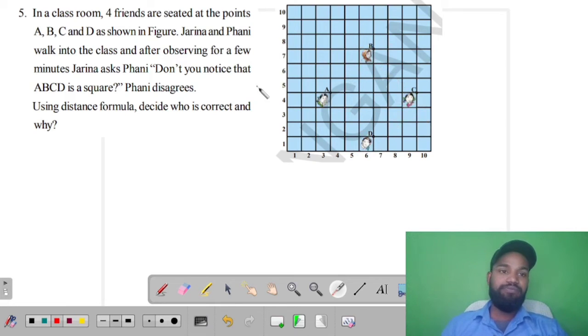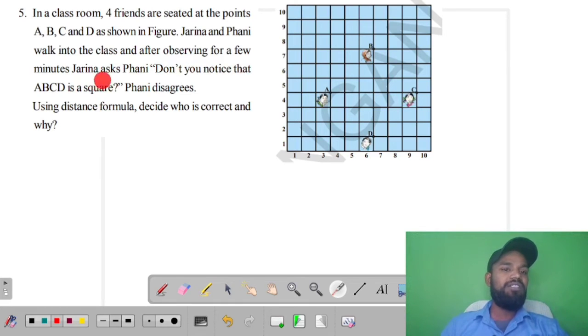Okay, right. So what is the question here? In a classroom, 4 friends are seated at the points A comma B comma C and D shown in the figure. Zarina and Pani walk into the class, and after observing for a few minutes, Zarina asks Pani, "Don't you notice that ABCD is a square?"